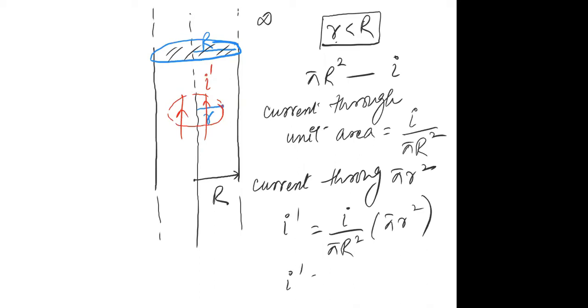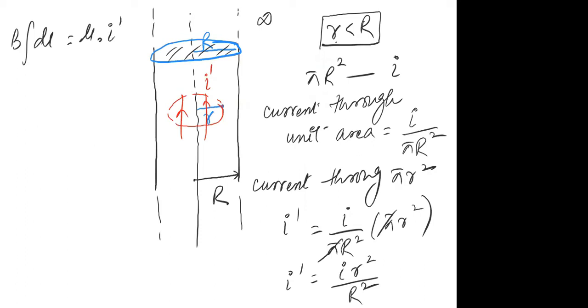So I dash equals, pi cancels out, simply I r square upon capital R square. This is the current flowing through this small Amperian loop taken inside the wire. Now we apply Ampere's law: integral B dl equals mu naught times I dash.